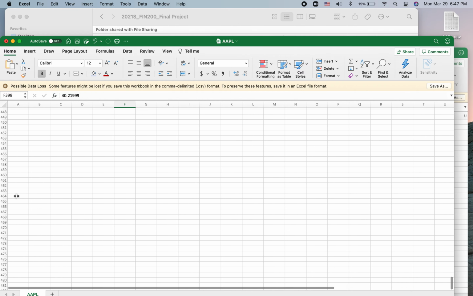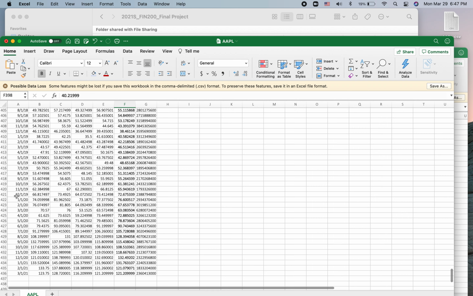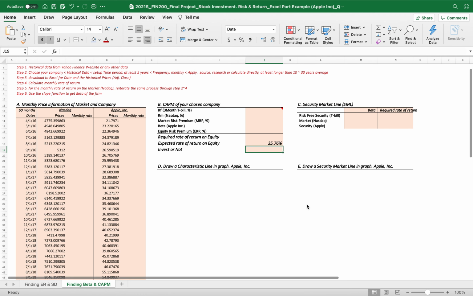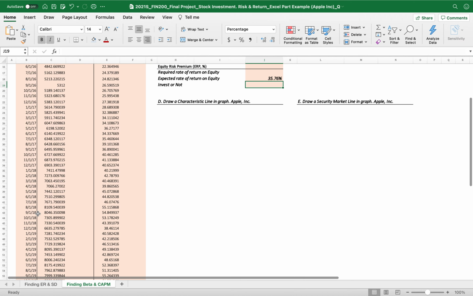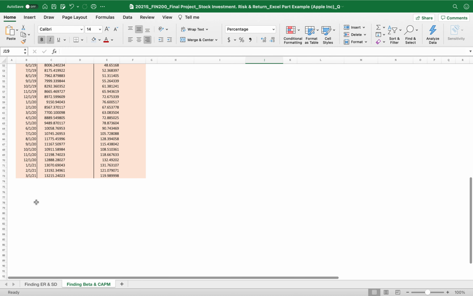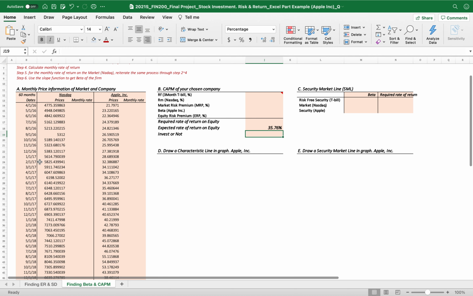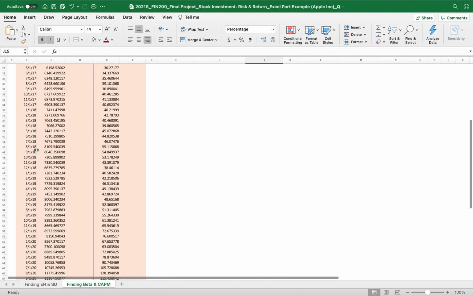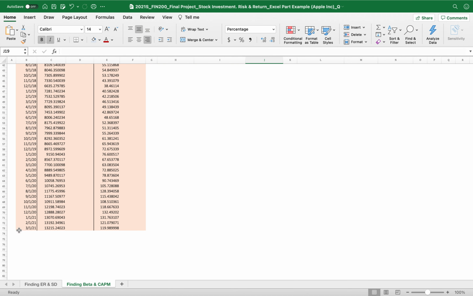Now, what we need is not the annual basis stock price. What we need is just the 60-month, monthly basis stock price from the market and stock. So we're starting from April 1st, 2016 to March 1st, 2021.